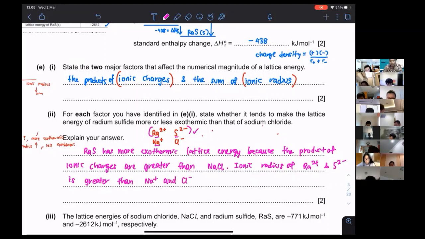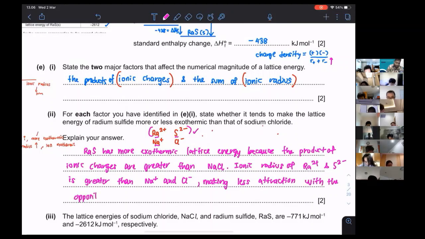If this is greater, the charge density is going to be less. So it means the attraction is not going to be that great, making less attraction with the opposite charges.